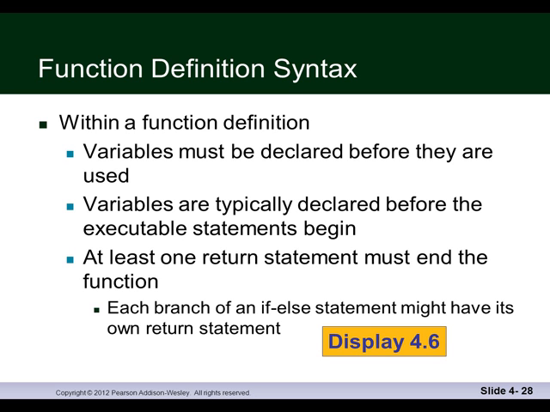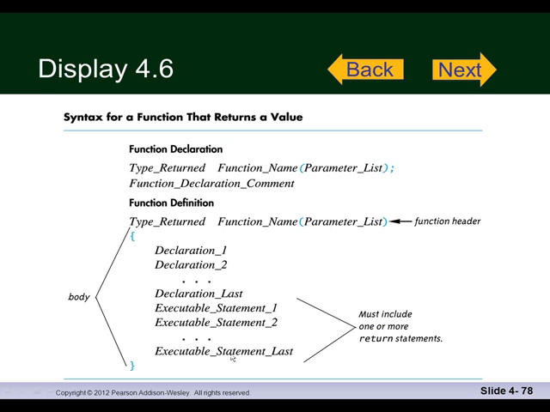It says at least one. You can have multiple returns. Then it's going to return at that point. Each branch of an if-else statement might have its own return statement. So I can have multiple ones, and if I get what I want, I'm just going to get out.